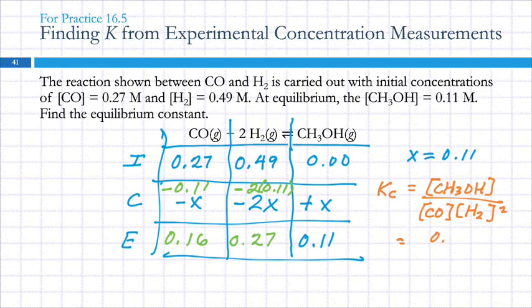So 0.11 divided by 0.16 times 0.27. There we got another one of those divided by 2 things. So do this on your calculator and make sure that your calculator is understanding what you want it to do.